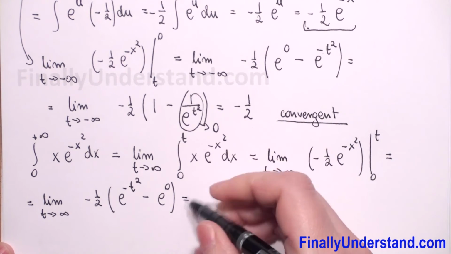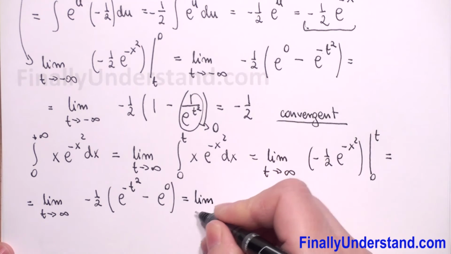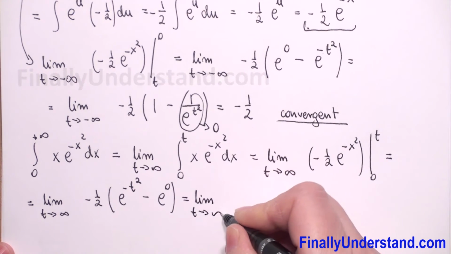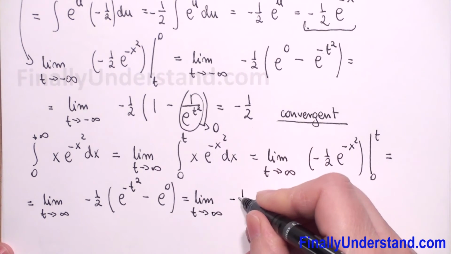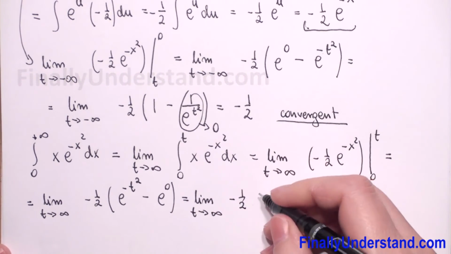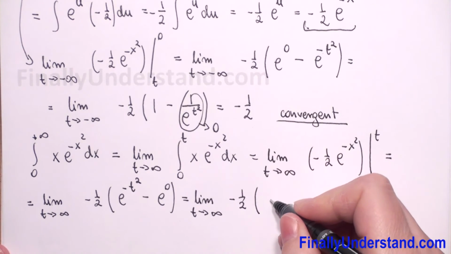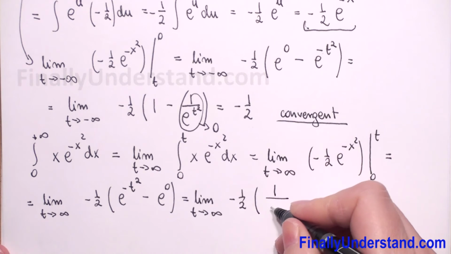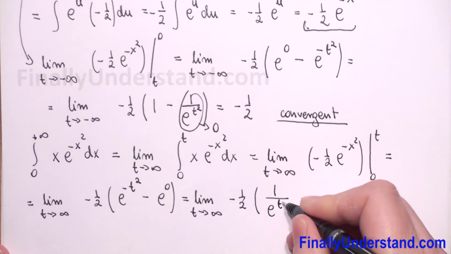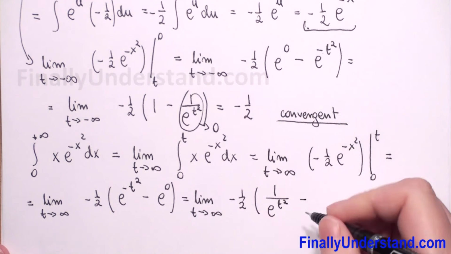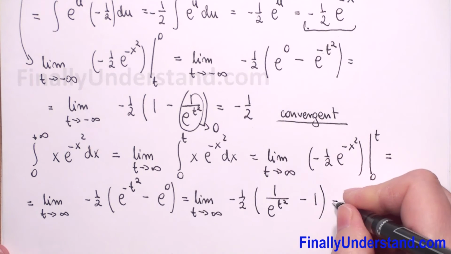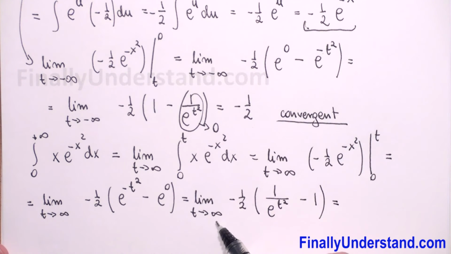So this is equal to the limit t goes to infinity, negative 1/2, which we have to rewrite, and in parentheses, because we have a negative exponent, we will flip this expression. We will have 1 over e to power t squared minus e to 0, which is 1. So this is equal, t goes to infinity.